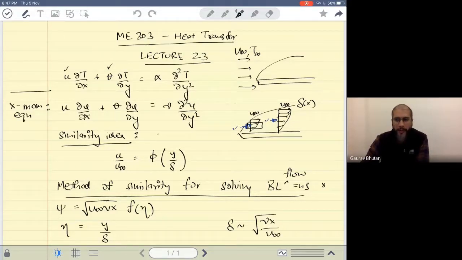So this is something we have already seen from our fluid mechanics, that delta goes as square root of nu times x upon u infinity.